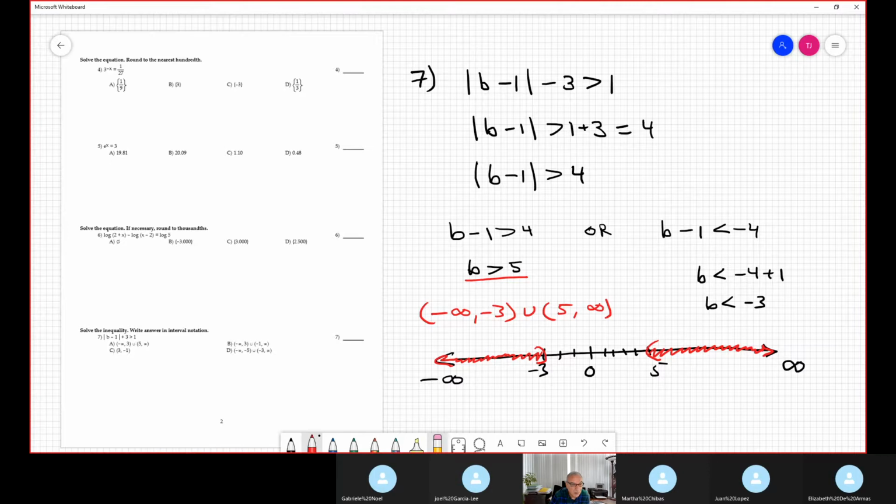Okay. This is negative 3. Wow, something is wrong. When this situation happens in the final, suppose no, you copy your own answer. Not necessarily multiple choice. You copy your own answer from negative infinity, negative 3, union, 5, comma, infinity. Something is wrong in this question.